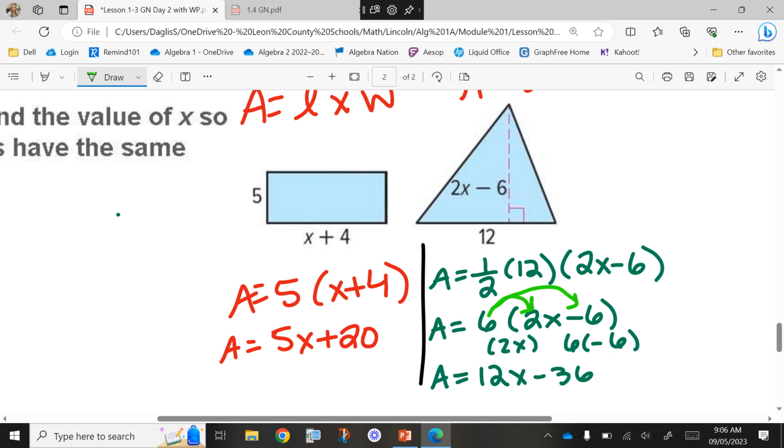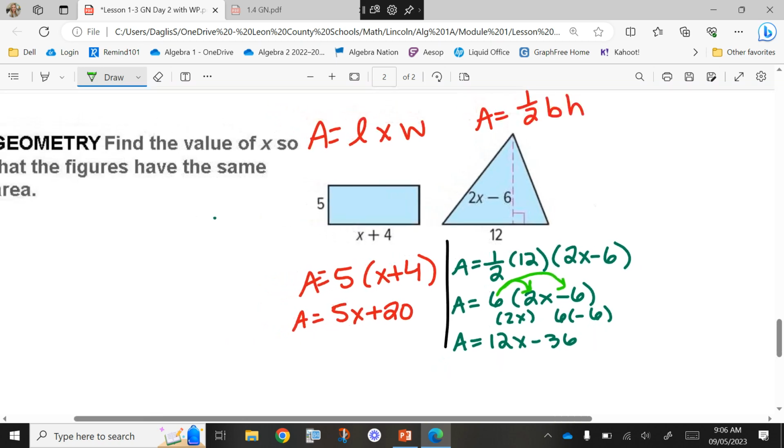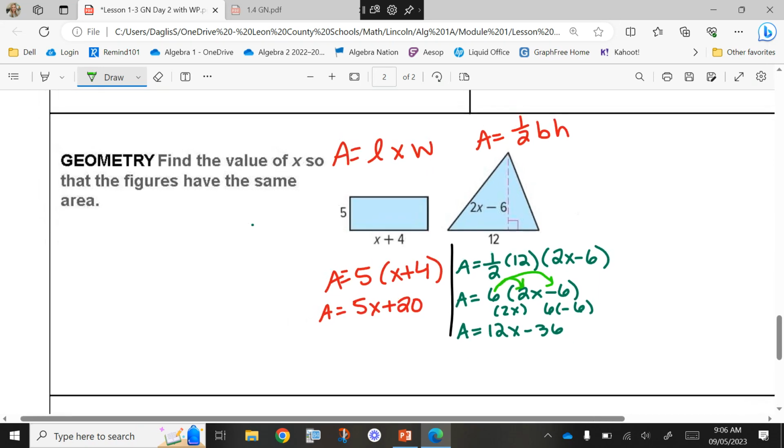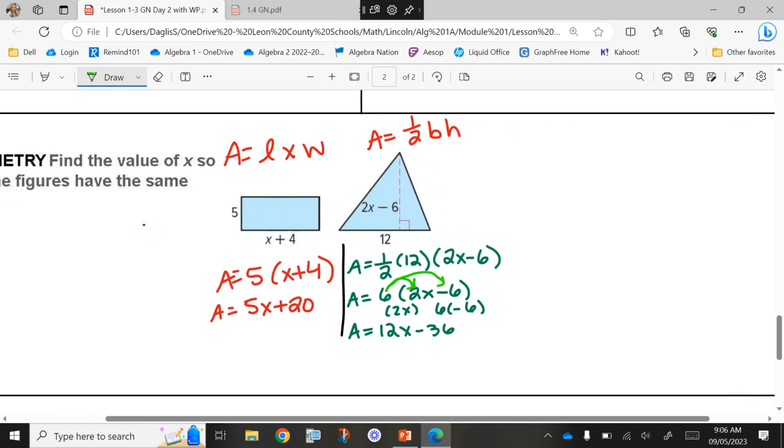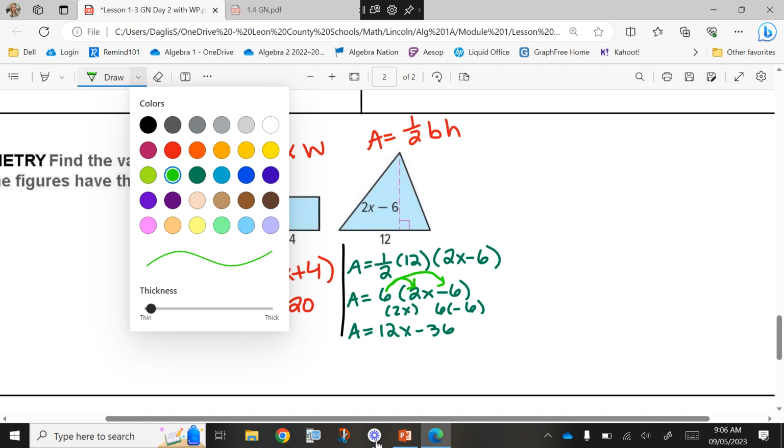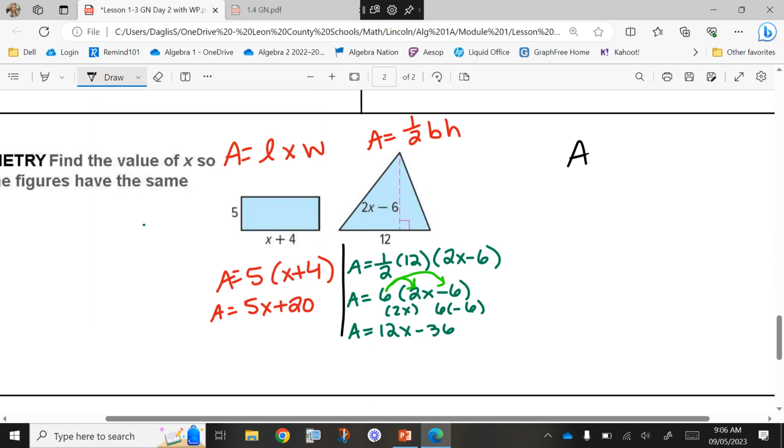Okay, so we have my two areas. Why did I do that? What was the point? What do they want me to find? The value of x, so the two figures have the same area. So it wants area equals area. When do my areas equal each other?